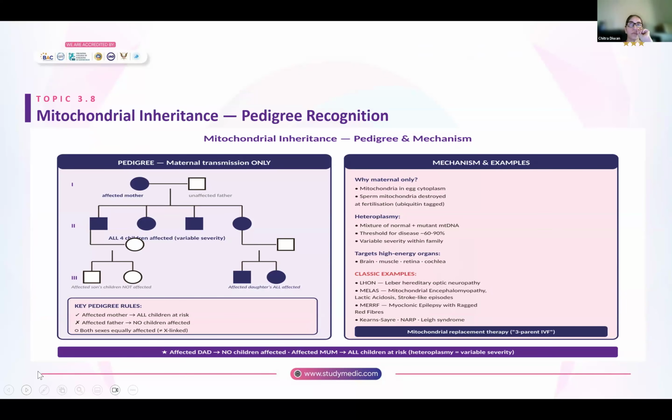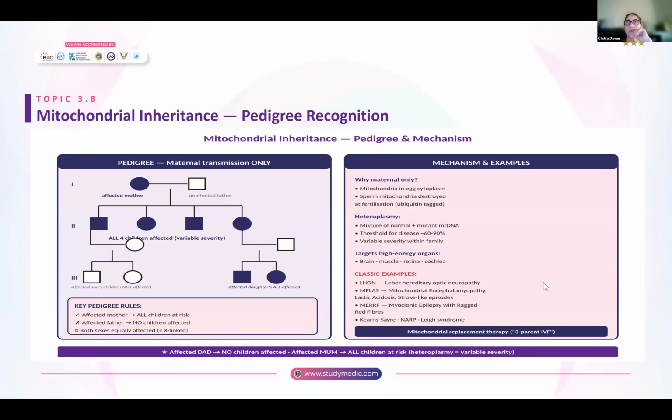Now, as humans, we are really very highly independent, highly intelligent. We have found out a way how you are going to escape these mitochondrial diseases. So whenever you are doing IVF, you will do 3-parent IVF.